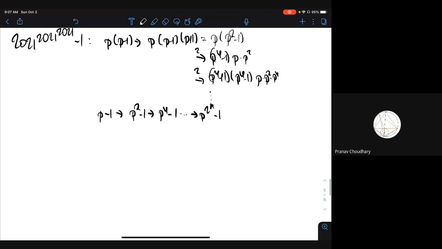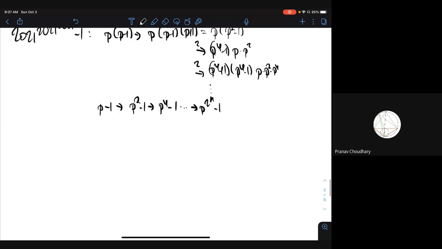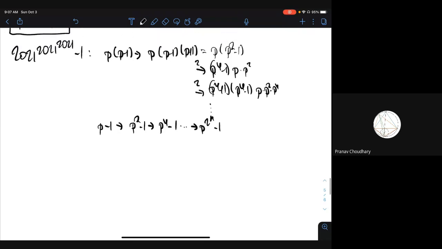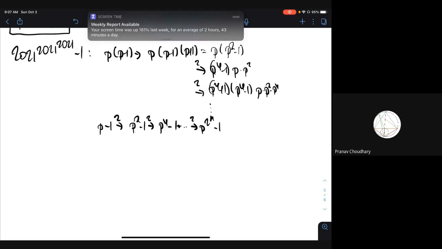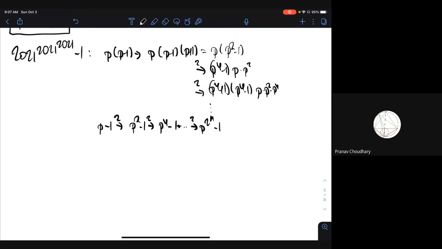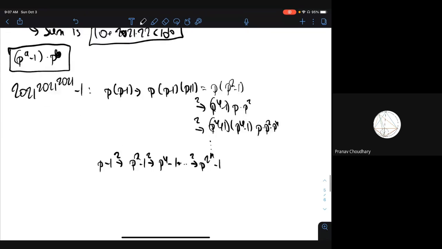So we go from p minus 1 to p squared minus 1 to p to the fourth minus 1, etc. until p to the 2 to the n minus 1. And at each stage, it takes 2 steps to move to the next one. So first we do p minus 1, then after each 2 steps the exponent increases by 1.